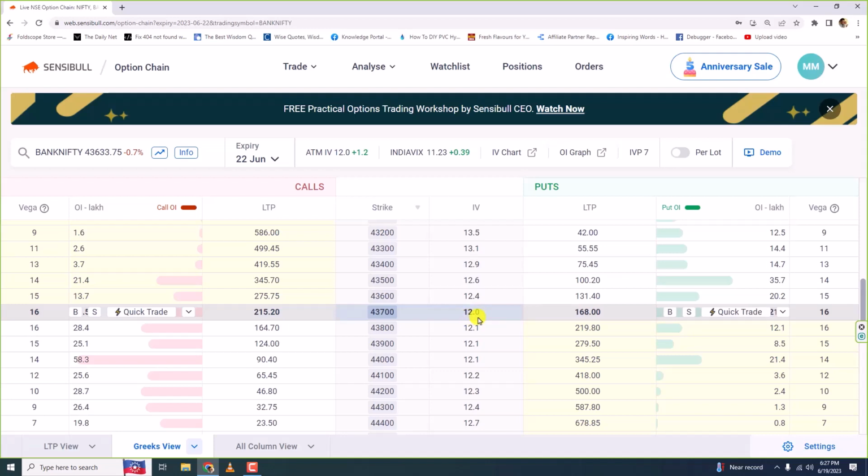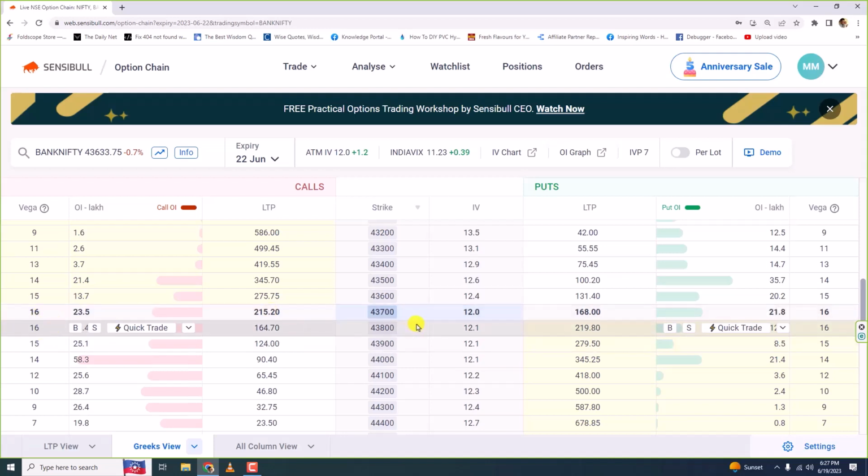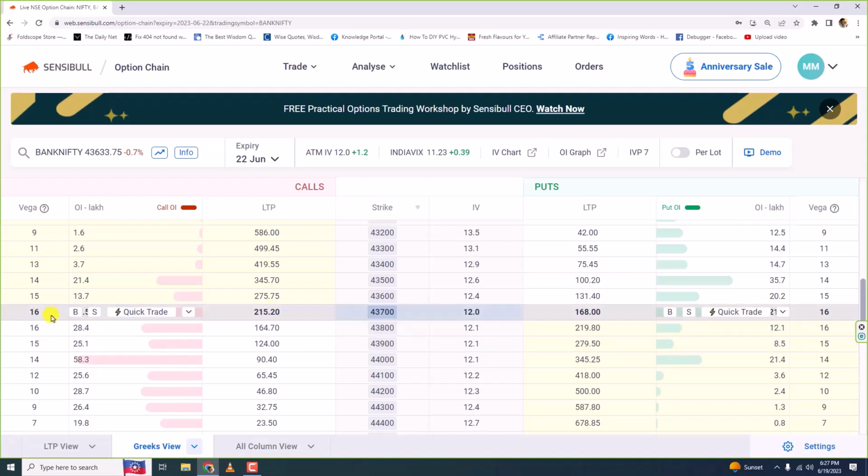Now, if it decreases by 1%, meaning if it changes from 12.0 to 11.0, then this LTP will decrease by 16. So that is what this Vega means.